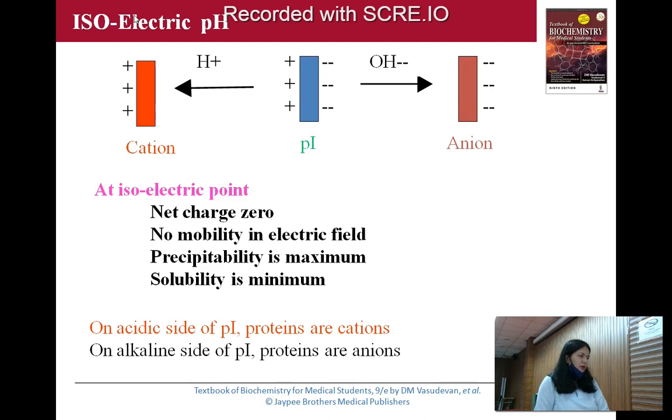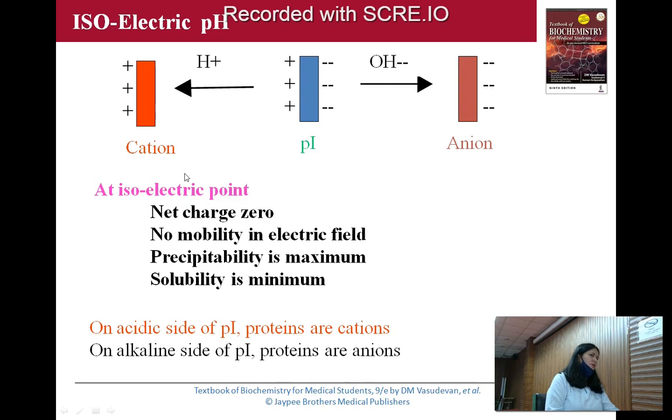Ma'am, a cation. Yeah, you are adding a cation, isn't it? You are adding a proton. Hydrochloric acid means you are adding a proton. So when you are adding a proton to a protein solution, it will acquire the positive charge, which is known as cation. And when you add an alkali or base, it has the negative charge, so the protein will exist as anion.